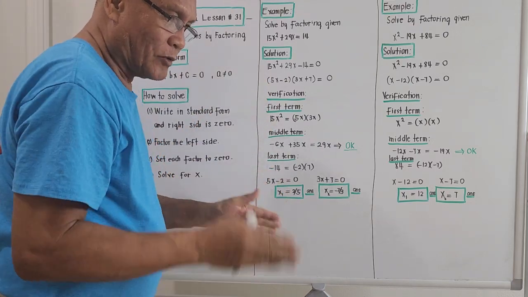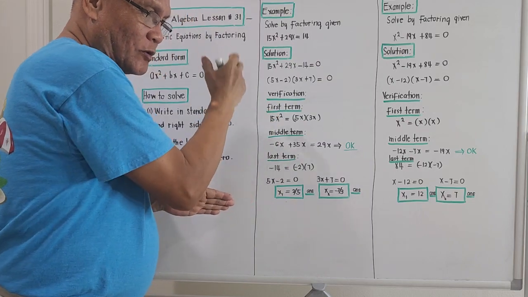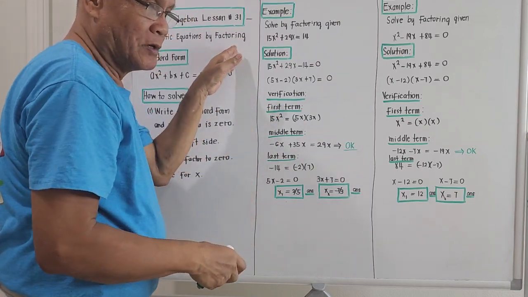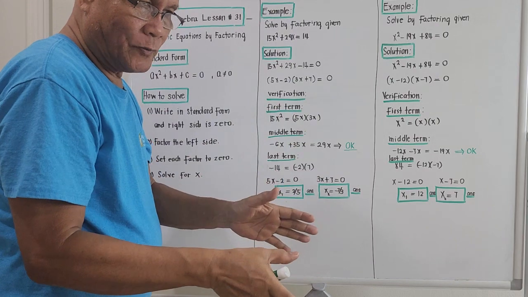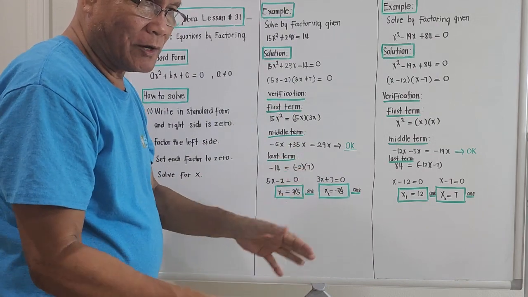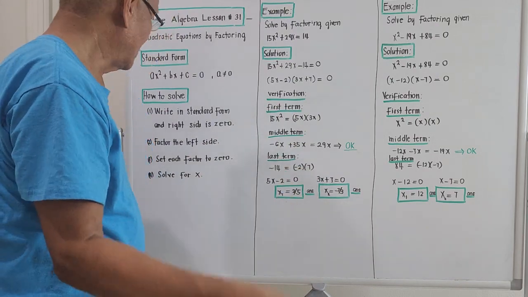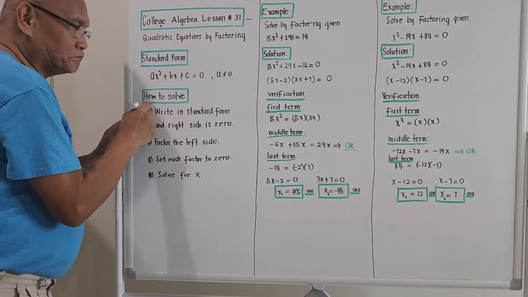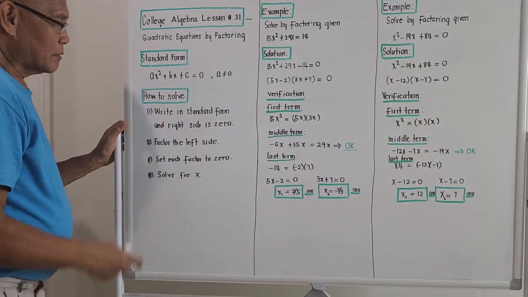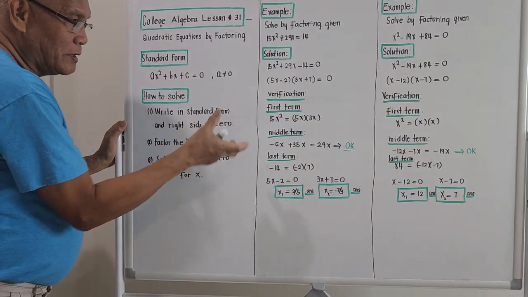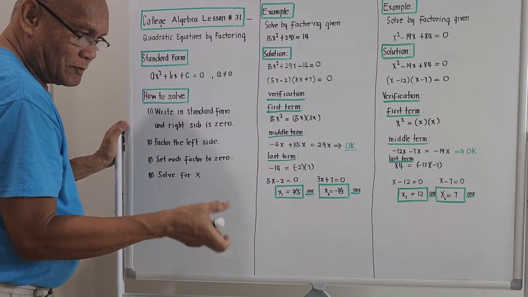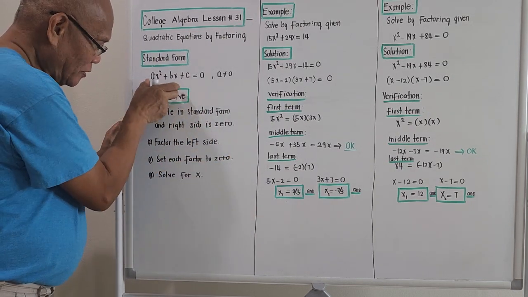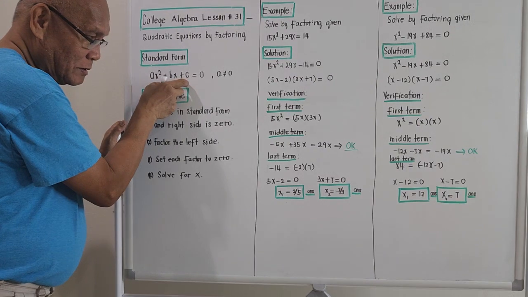Special products in factoring come before this solution of a quadratic equation by factoring. So if you know factoring, there will be no problem on how to bring out the solution of a quadratic equation. How to solve? Number 1, write in standard form, meaning you write the given quadratic equation in standard form. It should be something like this.